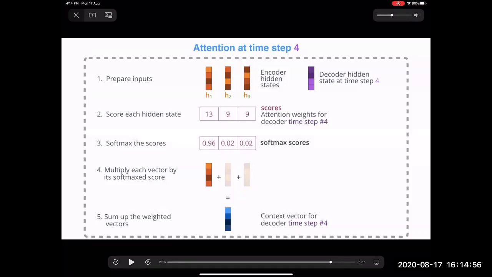And then I multiply 0.96 with H1, 0.02 with H2 and 0.02 with H3. Add all of them, and in the fifth step, I add all of them. So I have got a context vector. Previously, what was your context vector? That was only H3. Now your context vector is H1 plus H2 plus H3, but not the basic addition or the averaging.